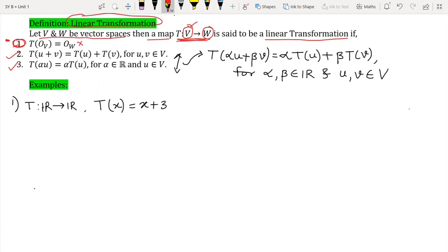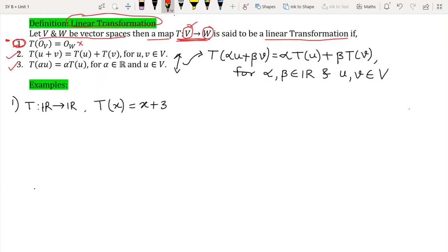So in other words, this first condition is used to show that a function is not a linear transformation. I will repeat again, if T of 0 comes out to be equal to 0, then we are supposed to go for second and third condition. If second and third conditions are true, then the given function will be a linear transformation. Otherwise, it will not be a linear transformation.